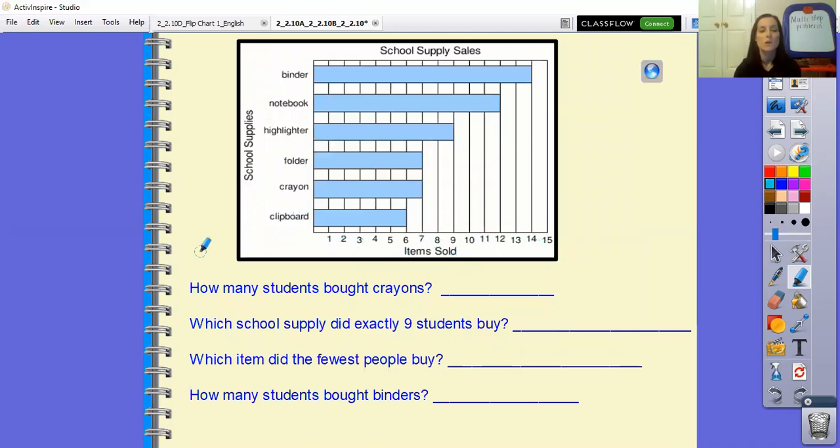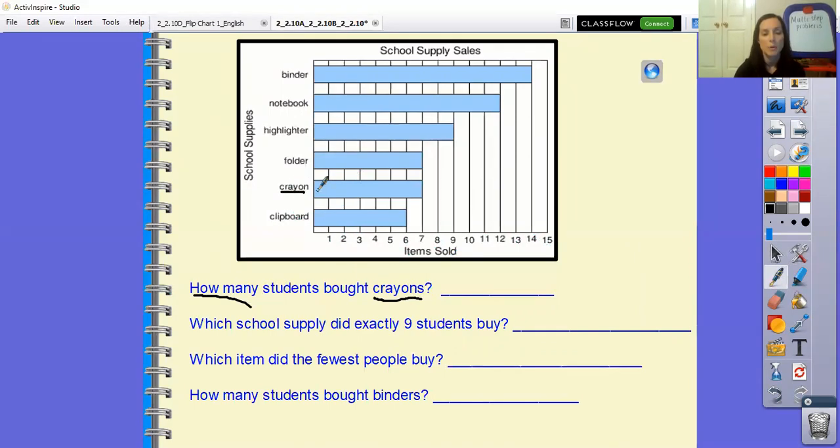Okay, so we are going to answer our questions using our bar graph. It says how many students bought crayons. When it says how many, we know that they want a number. Please excuse my bad handwriting again. And we want to know which ones like crayons. That's our important information. So we find crayons.